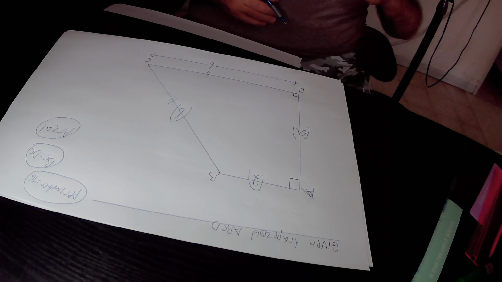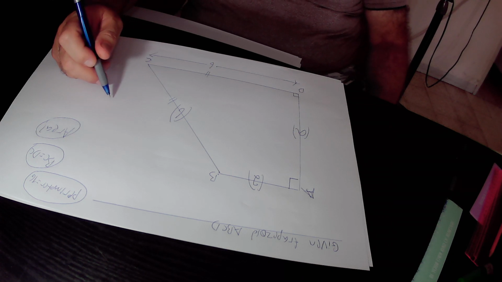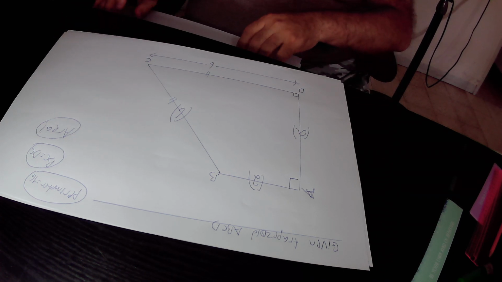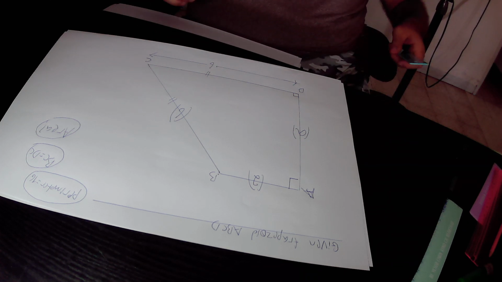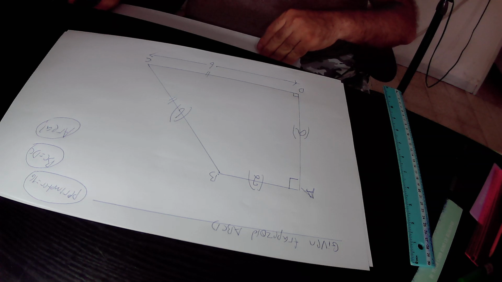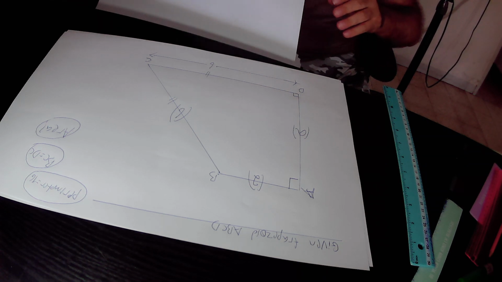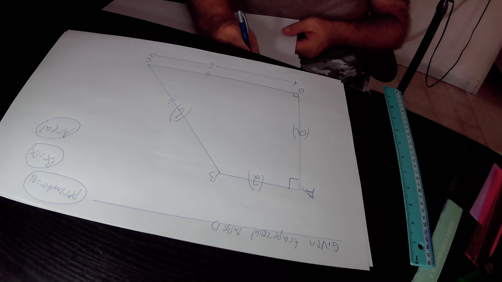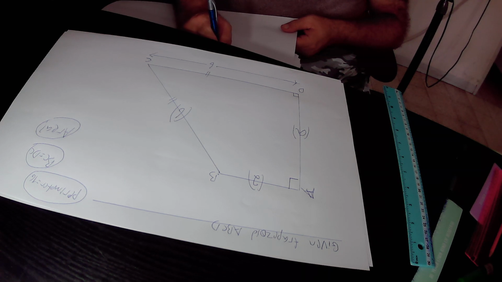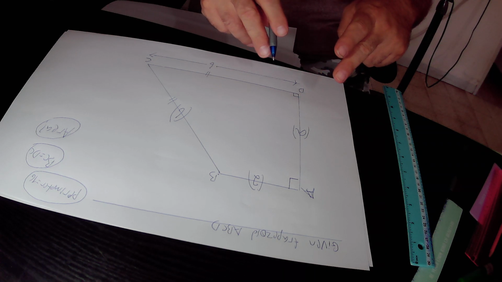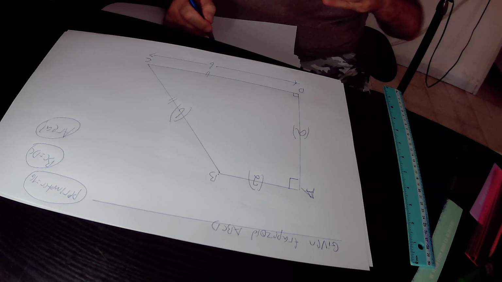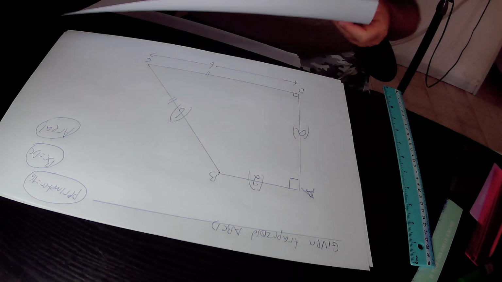So AB plus AD plus DC plus BC is equal to 16, according to what is given in the question. So I write it down. Side AB plus side AD plus side DC plus side BC, in total the sum of those four sides of this trapezoid ABCD is 16.